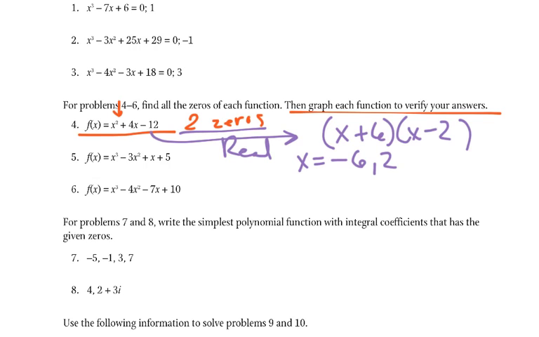Alright, so taking a look at number 5. Okay, 5, we've got a cube, so we know we're going to have 3 zeros. Okay, and they could be 1 real with 2 complex, 3 reals, or 3 reals that are rational or 3 that are irrational. Okay, so let's graph the second one now.